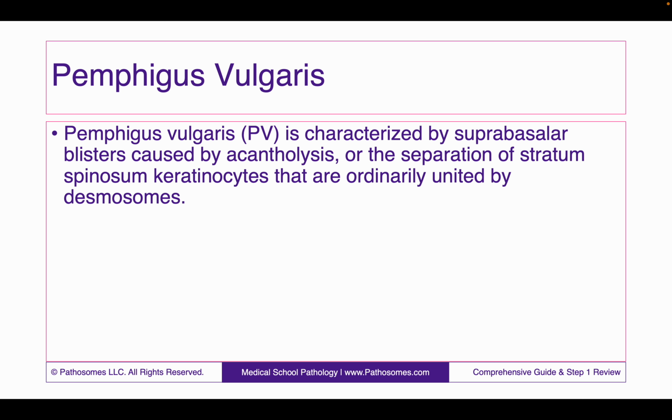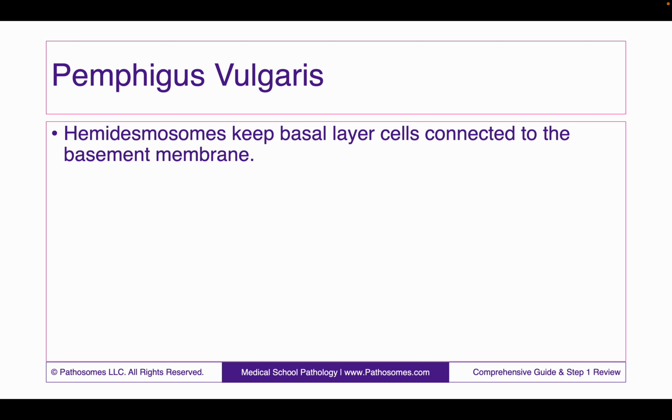Pemphigus vulgaris is characterized by suprabasilar blisters caused by acantholysis, or the separation of stratum spinosum keratinocytes that are ordinarily held together by desmosomes. Hemidesmosomes keep basal layer cells connected to the basement membrane.